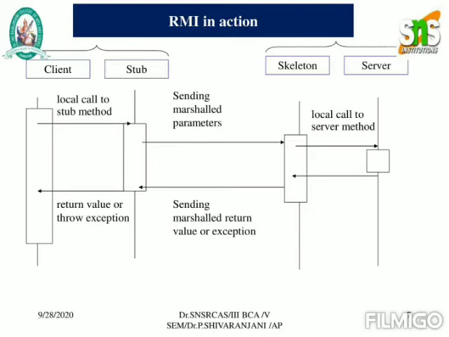Then the stub will put the request into a bundle, that is, marshaled parameters. It will bundle the particular parameters. Then the request will be sent to the server, and the server will accept the request through a component called a skeleton.